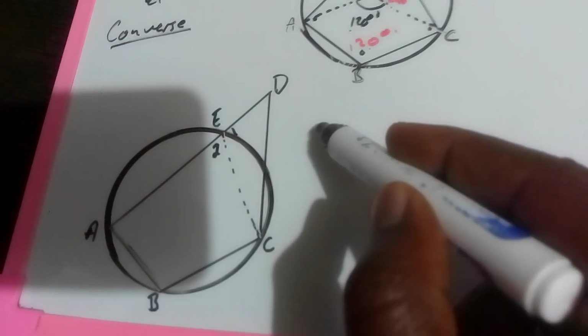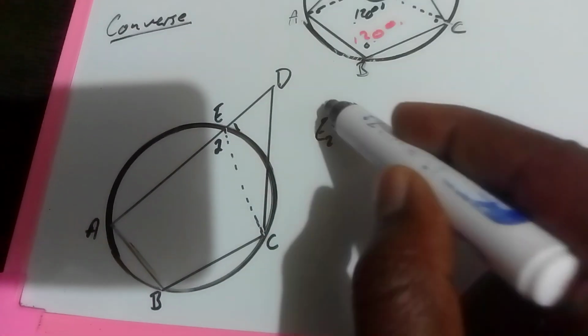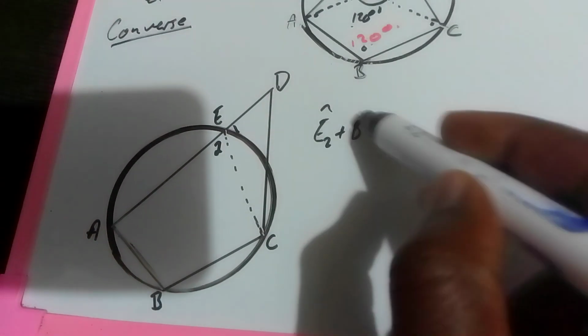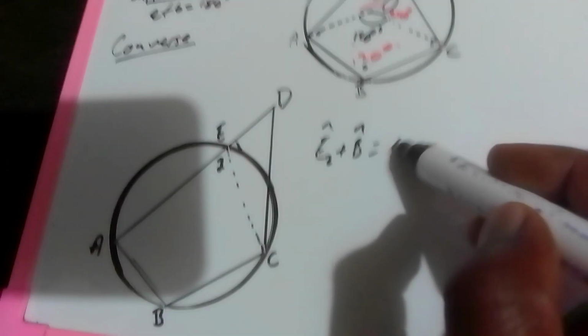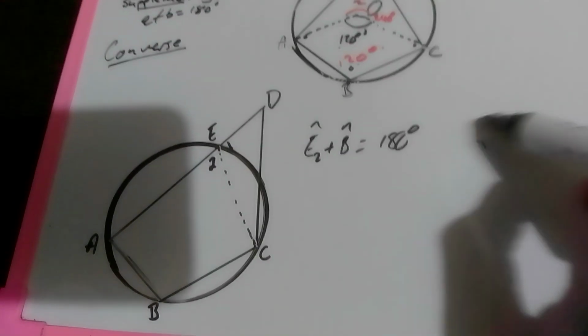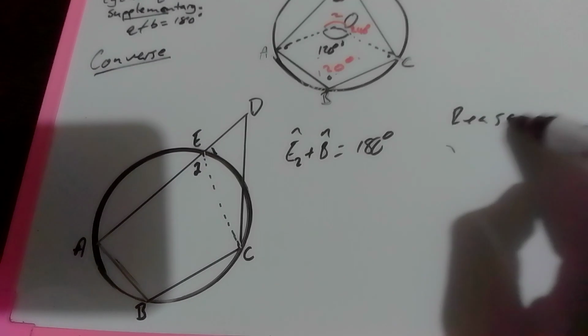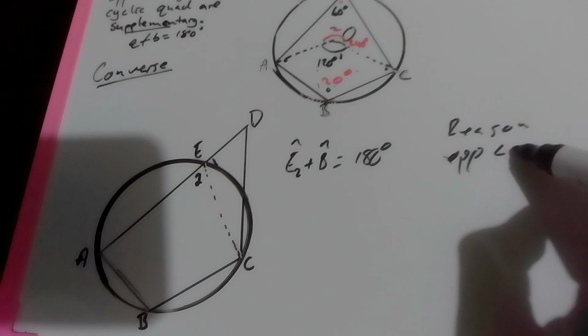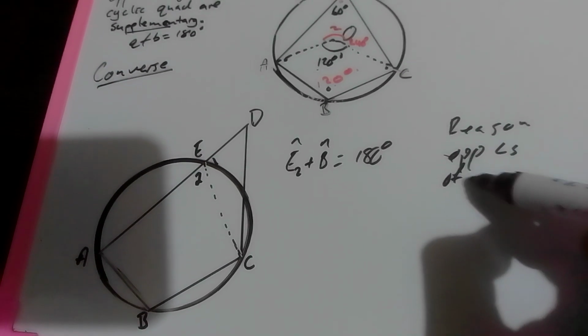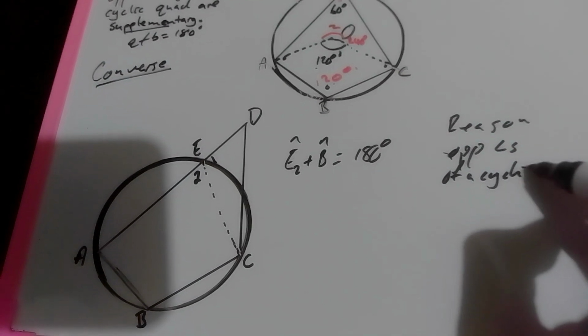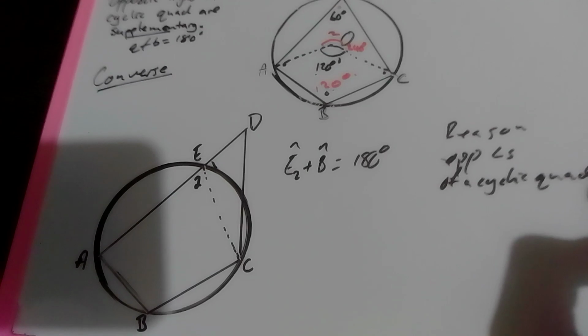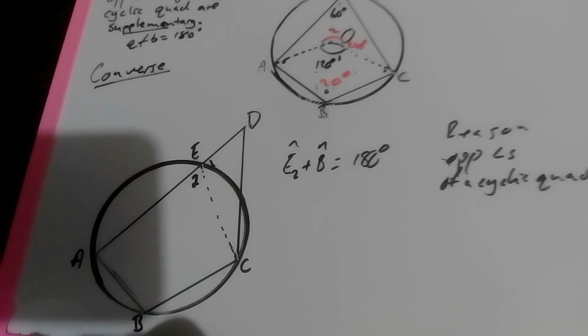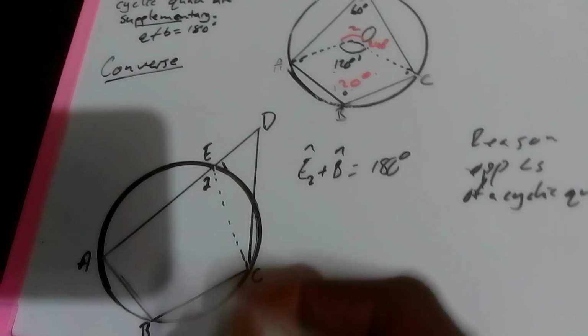So now I write that angle E2 plus angle B add up to 180 degrees. My reason is still opposite angles of a cyclic quad.